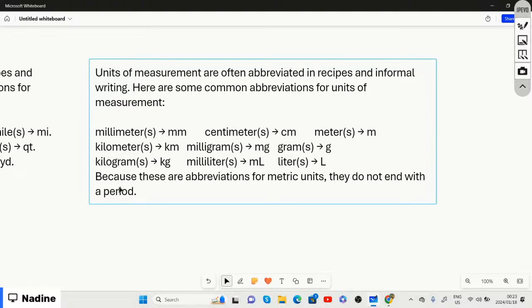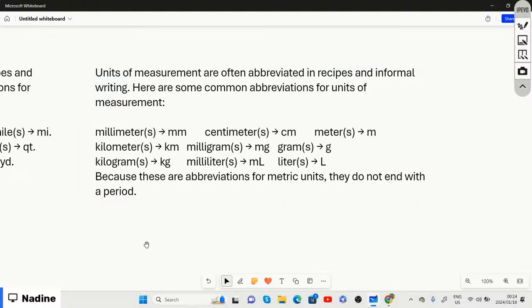And these metric units of measurements, we do not capitalize them and they do not end with a period. All right.